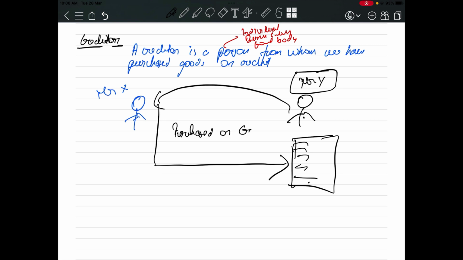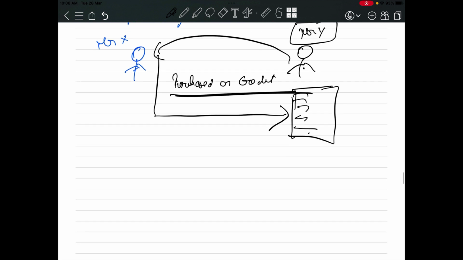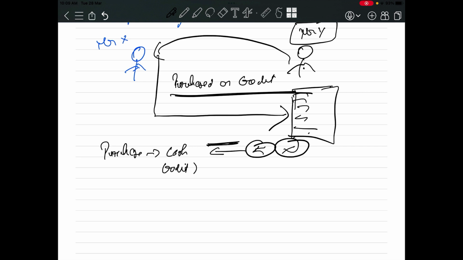Now when I explained purchases, there were two types of purchases, cash and credit. When you do cash purchases, you buy goods and pay the money instantly. Transaction is completed.